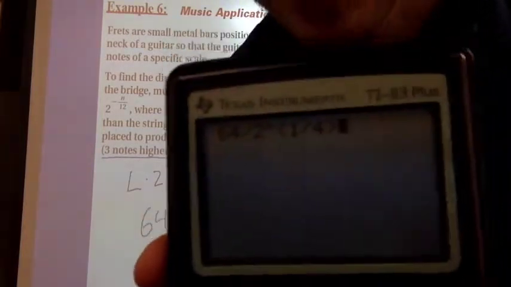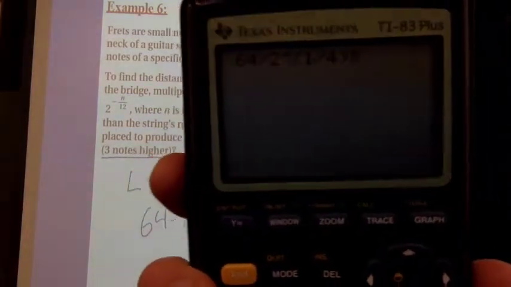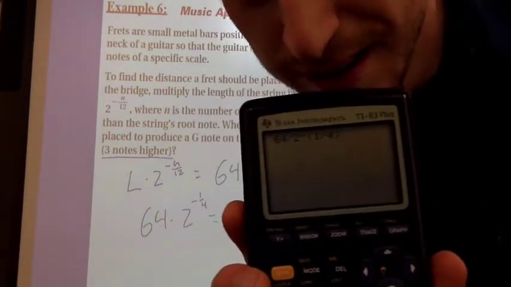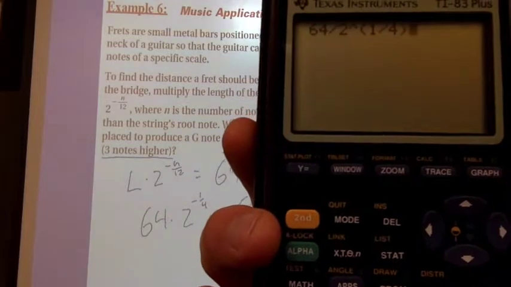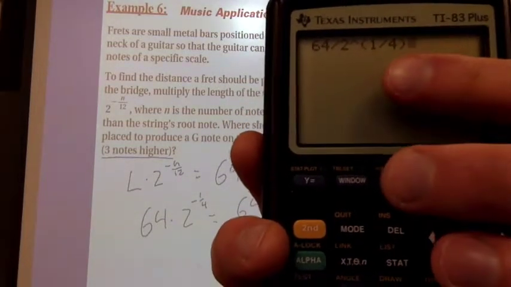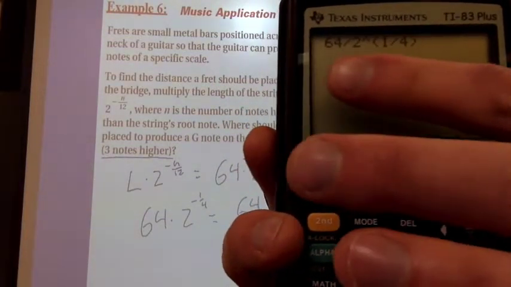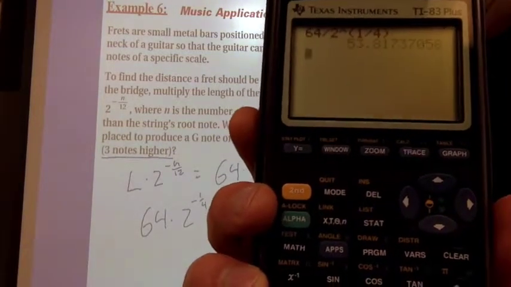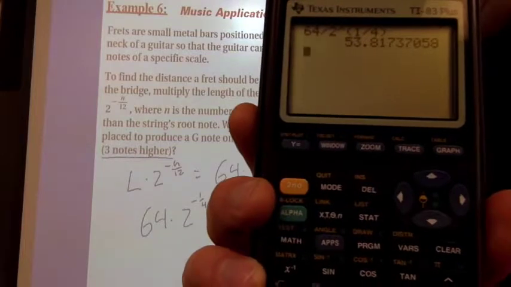So this is what it's going to look like. Hope you can see that shadow. We got a shadow going on. See, I've got the parentheses around my 1/4 there, and then this is all one thing. The calculator knows that, and I'm going to evaluate it.